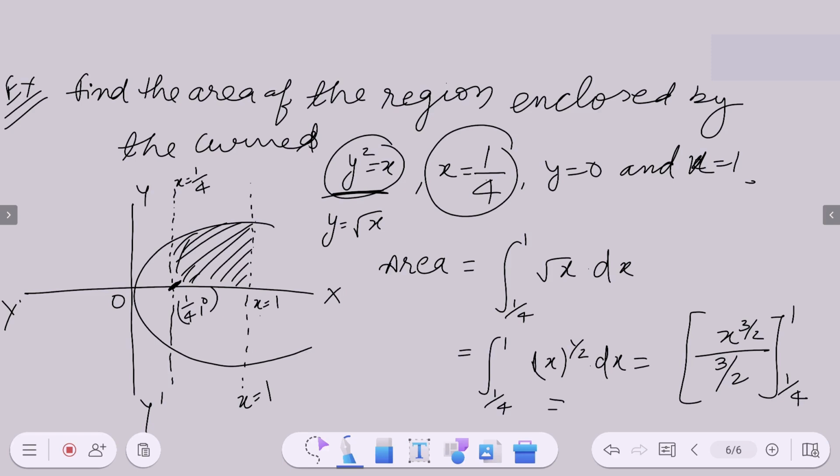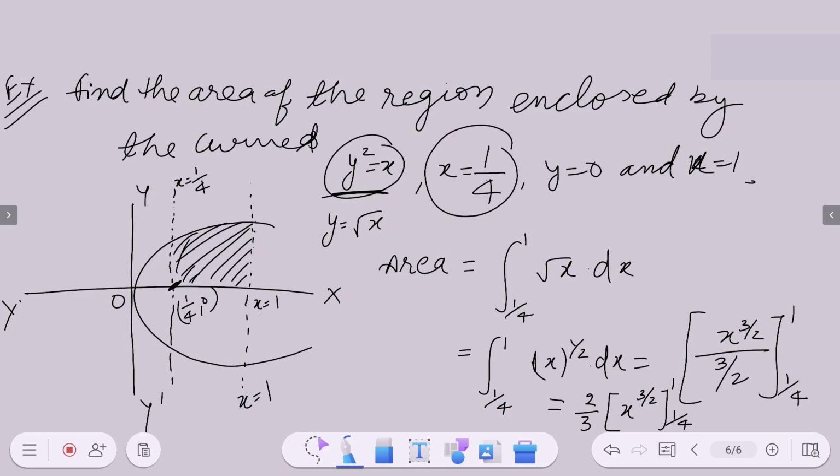So 2 by 3 of x raised to the power 3 by 2, limits 1 by 4 to 1.